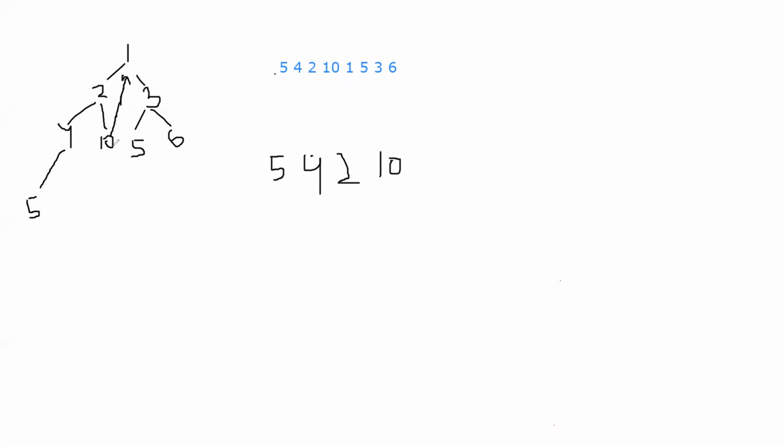But before, when we were at 5, we pointed to 4, right? That was the link I had. I found the predecessor of 4, which was 5, and I made 4 the right child of 5. That was my first step. When I'm coming back from 4, I found that I've already done this, so this time I just removed that link.